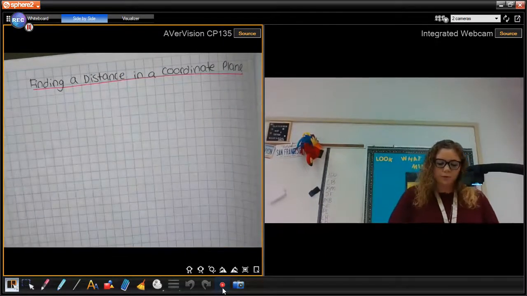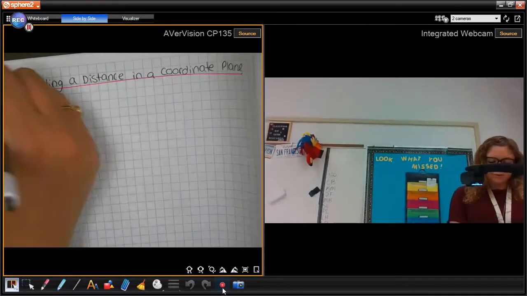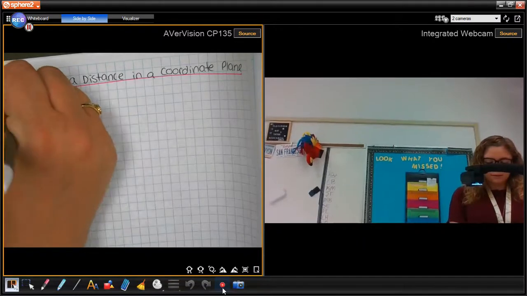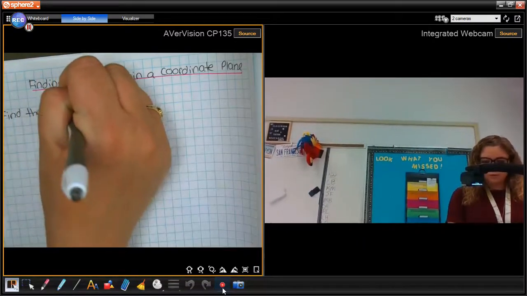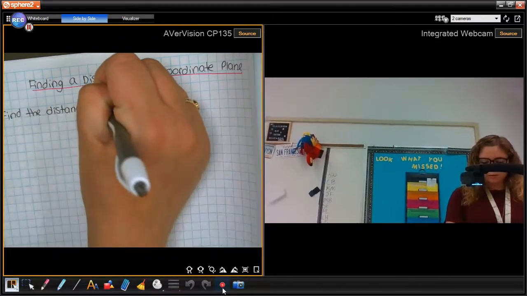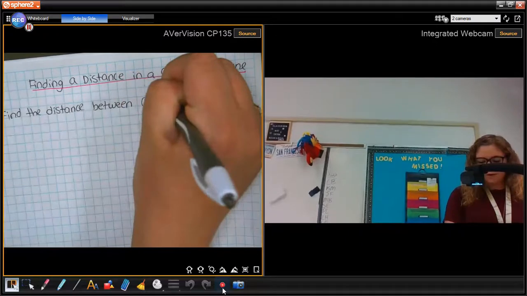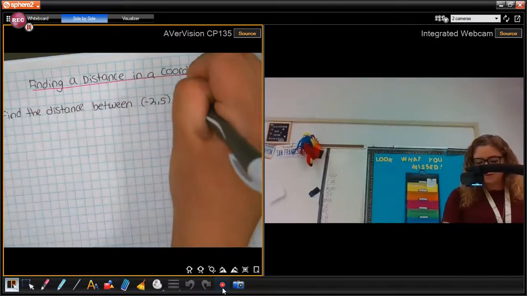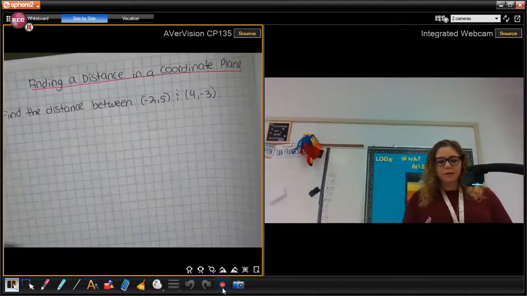So, for example, you might have a problem that says find the distance between (-2, 5) and (4, -3). Okay? So we have steps.